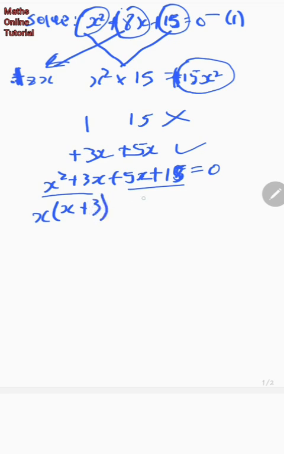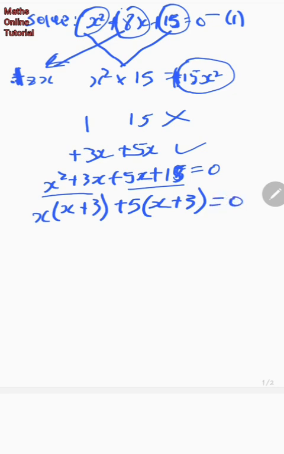We close the bracket and move to the next group, 5x plus 15. What is common to 5x and 15 is 5. 5x divided by 5 is x, and 15 divided by 5 is 3, equals 0.